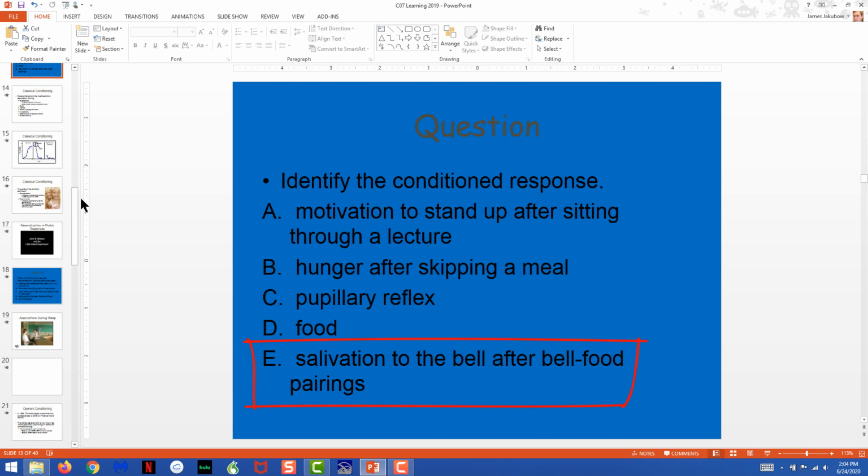I went easy on you in this particular case because we were just talking about how salivation would occur after bell food pairings or metronome food pairings. But that is the basic idea in this case. The conditioned response would be salivation to the bell after bell food pairings.